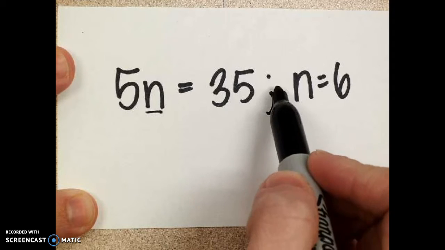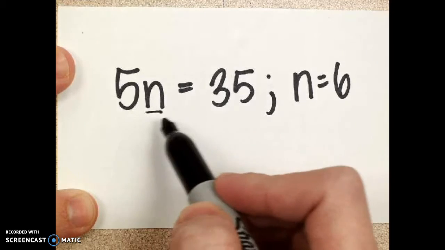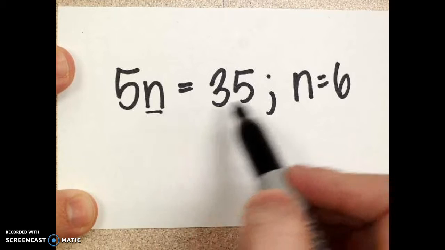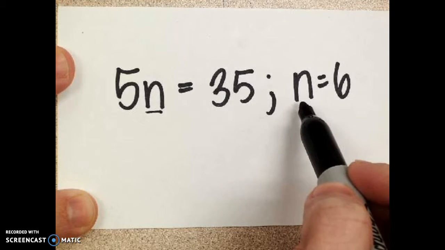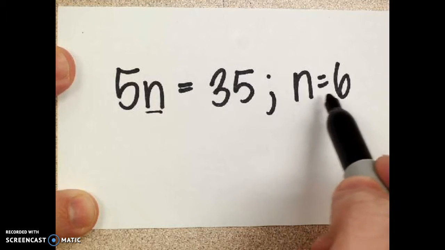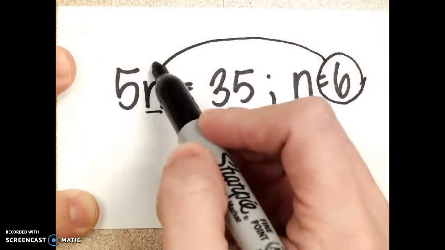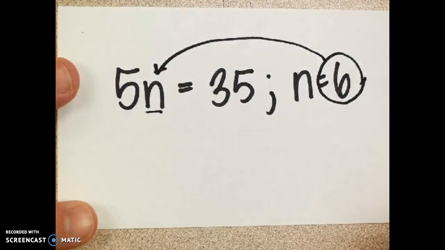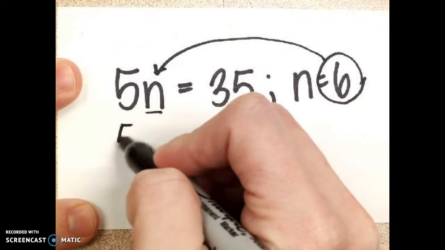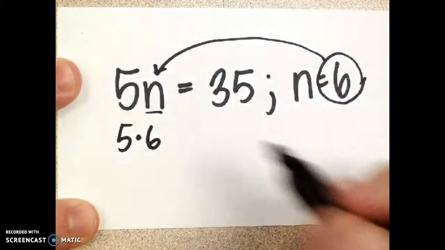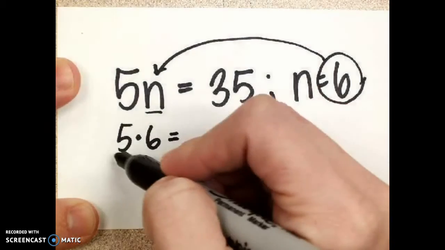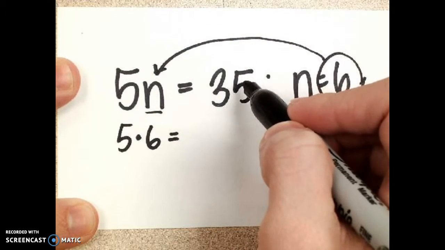Now that j is separating the problem on this side from what they're telling us that the variable of n equals. So do you remember in the past we took 6 and we plugged it in for n? So now our number sentence reads 5 times 6, and we were trying to decide, is 5 times 6 really 35?